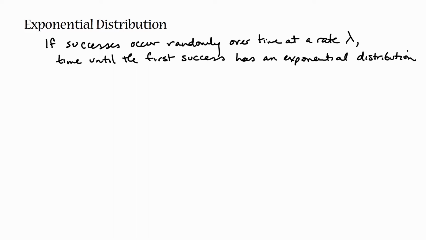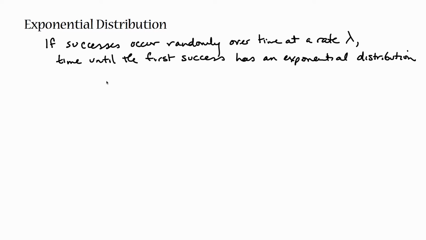A common exponentially distributed trait might be mortality risk. If I'm dying at a set rate lambda, then the time until the first success, I only get to die once, hopefully, will be exponentially distributed. So it's just like the geometric distribution, but continuous.